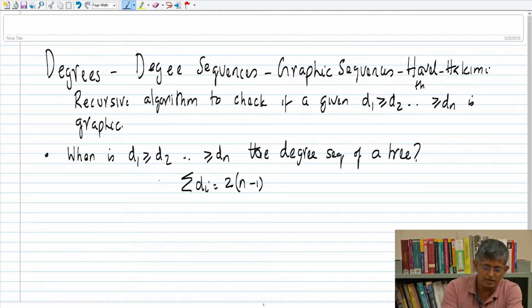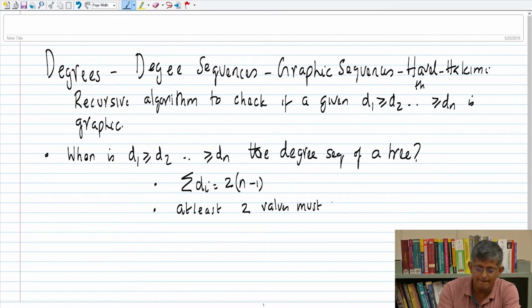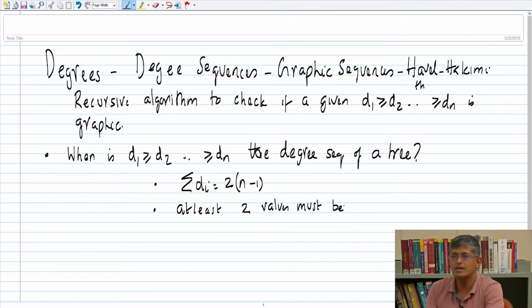If you think of it, you will come up with an additional condition. At least 2 values must be one, right? So this is also necessary, because any tree has at least 2 leaves.